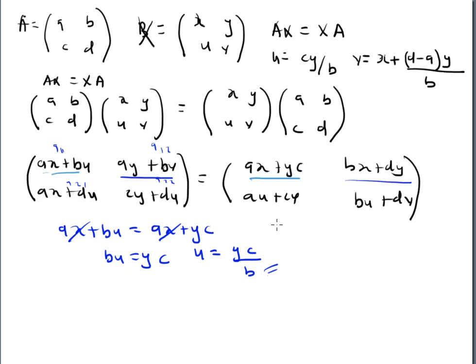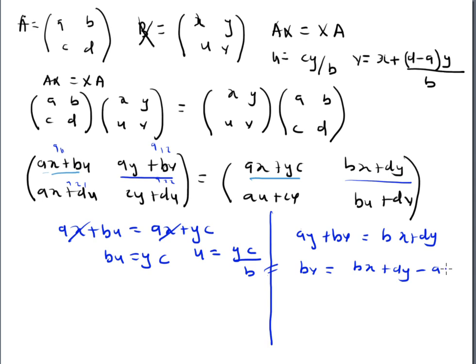So doing so, we get AY plus BV is equal to BX plus DY. Okay. Now we are being asked to make V the subject. So we take AY to the other side. So BV is equal to BX plus DY minus AY.